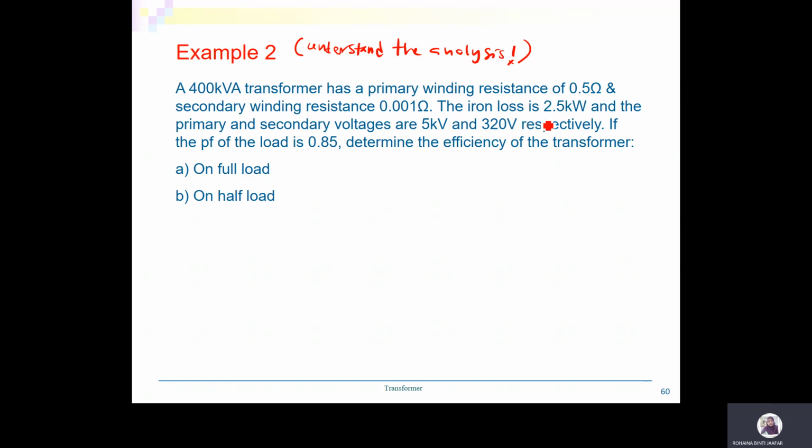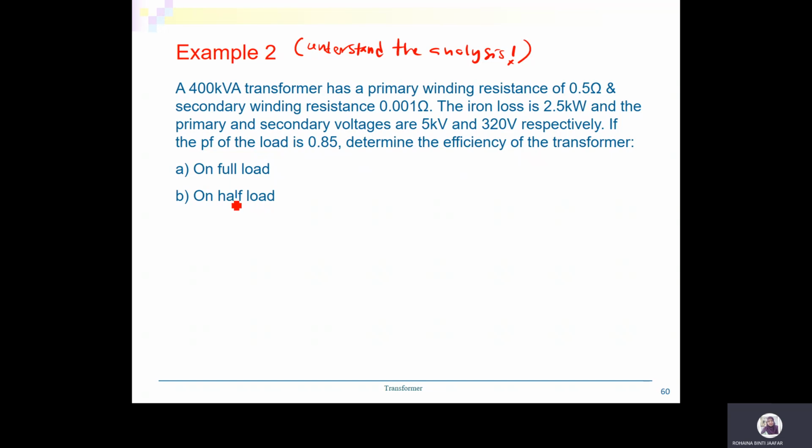The iron loss is 2.5 kilowatt and the primary and secondary voltages are 5 kilovolt and 320 volt respectively. If the PF of the load is 0.85, determine the efficiency of the transformer on full load and then on half load.